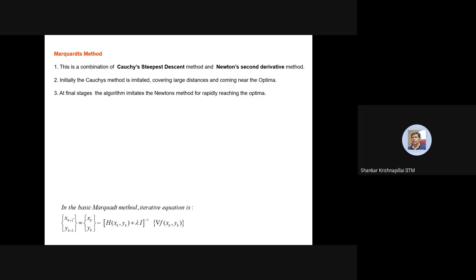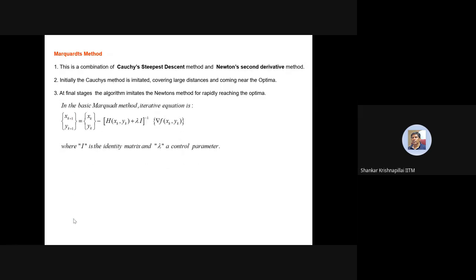So what is the method here? The basic equation of the Marquardt method is given here. xk, yk is the current x, y point. This is the second derivative matrix. Lambda is a scalar value given by the user.